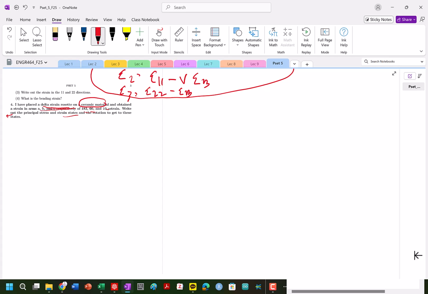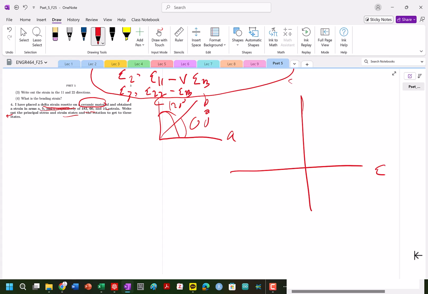We're using a delta rosette, so that means we have, for example, A, B, and C. Those are 60, and then this angle is 120, respectively. So if I draw our strain, our A is 183, our B is 60, and then this is 10 microstrain.